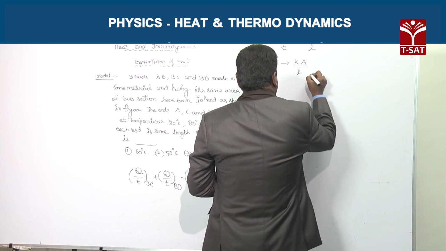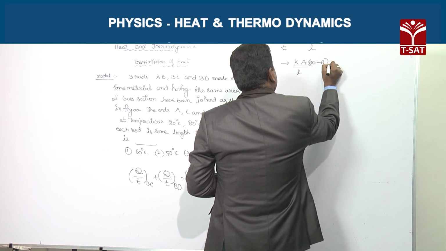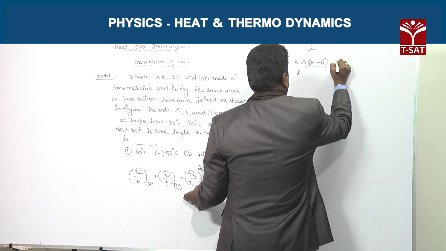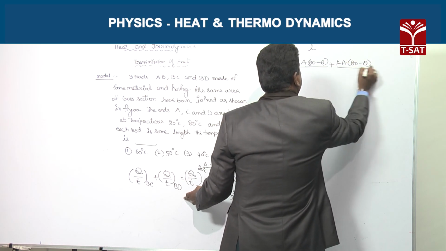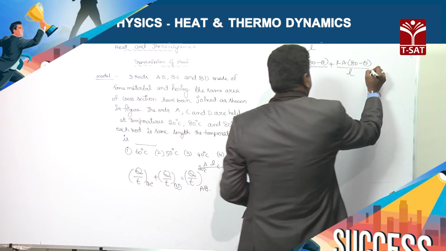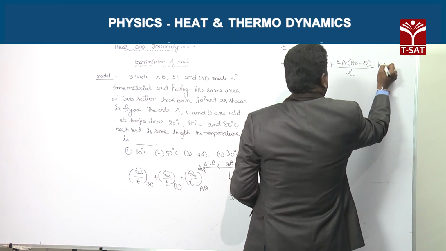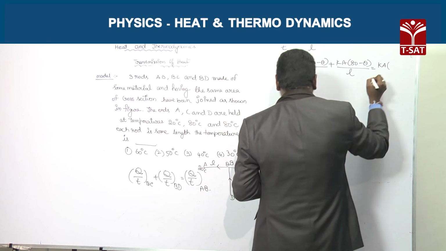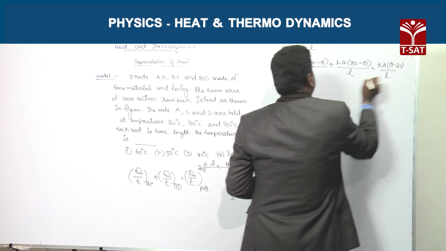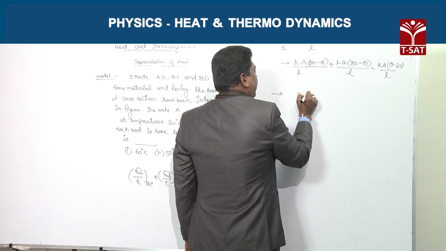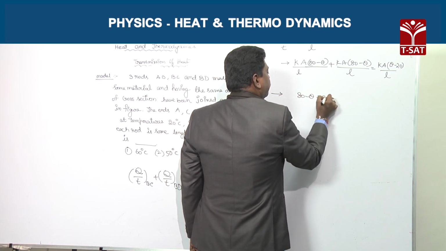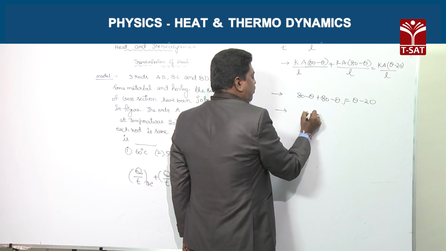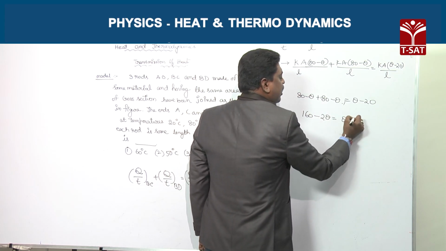So Ka into 80 minus theta by L for the BC rod, plus Ka into 80 minus theta by L for the BD rod, equals Ka into theta minus 20 by L. From which 80 minus theta plus 80 minus theta equals theta minus 20, which is 160 minus 2 theta equals theta minus 20.